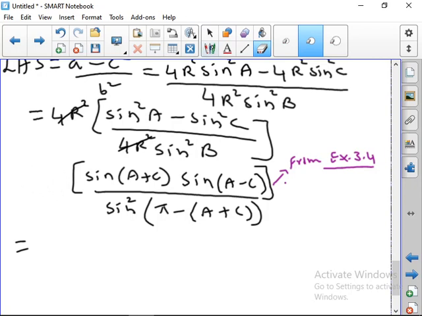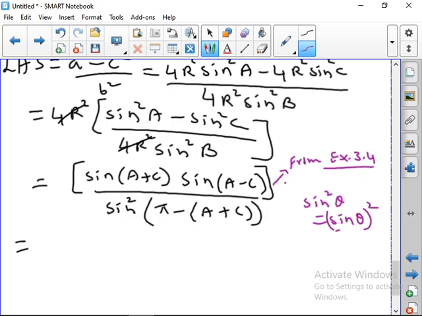So it is equal to sin A plus C into sin A minus C by sin square of pi minus A plus C. Now we have seen sin pi minus theta is what? And we should also know that sin square theta is nothing but sin theta the whole square.